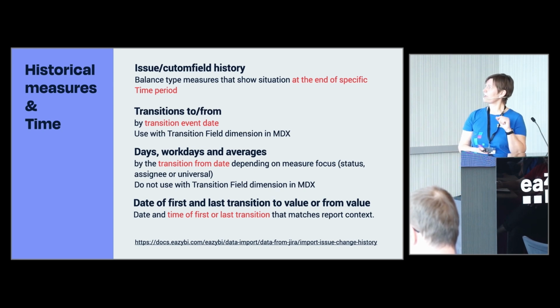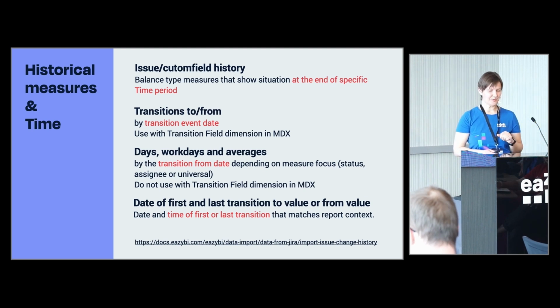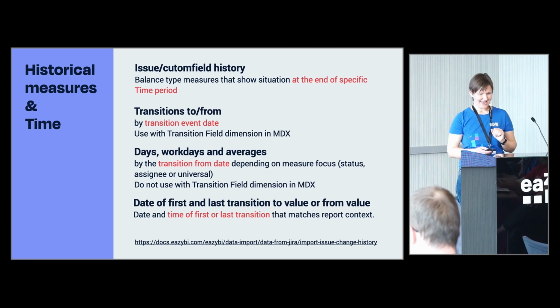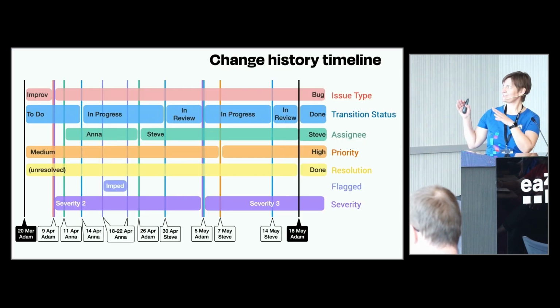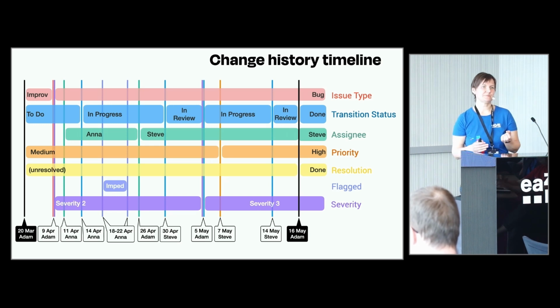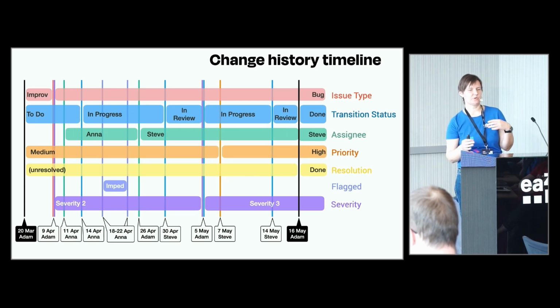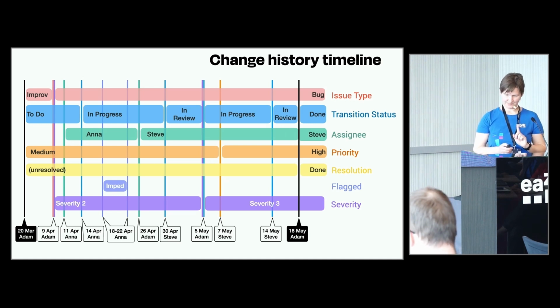If you forget how each measure is linked to time, you can always check the documentation. And if nothing else, I hope that this diagram has provided you a different perspective on how to look at a changelog and how to approach some problems and questions.